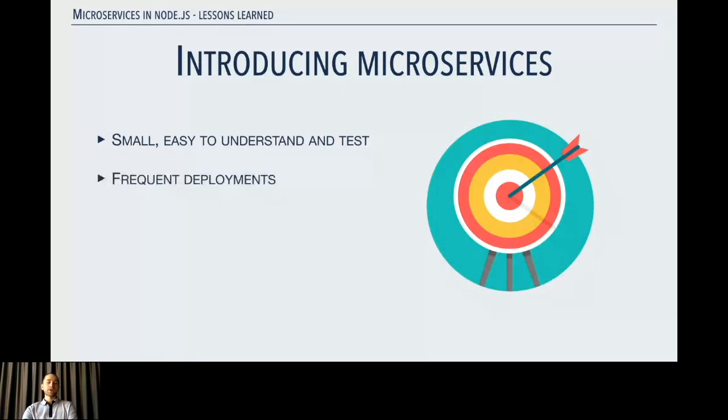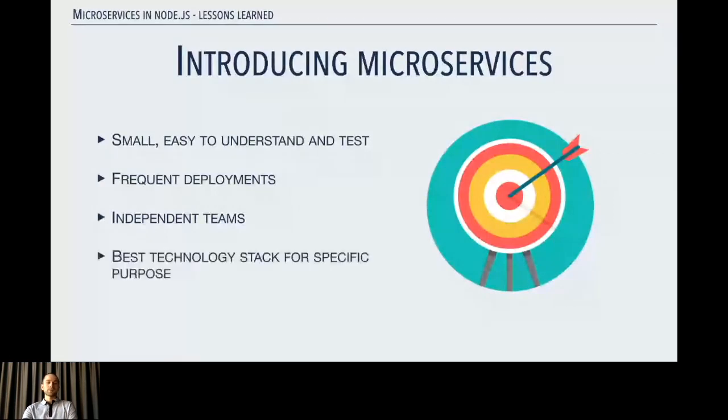And thanks to that, we can do quite frequent deployments of these applications, and they can be developed in quite independent teams. And moreover, every application, every microservice can use different technology, which is best for some specific purposes.